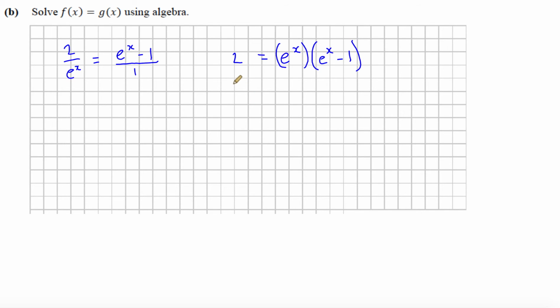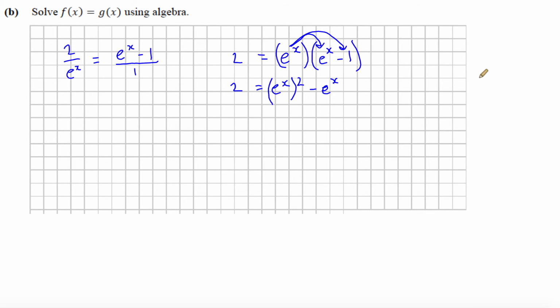Okay, so now we're going to solve this. So we've got 2 is equal to e to the power of x by e to the power of x, well that's e to the power of x squared, and then e to the power of x by minus 1 is minus e to the power of x. Okay, so this looks like a quadratic.